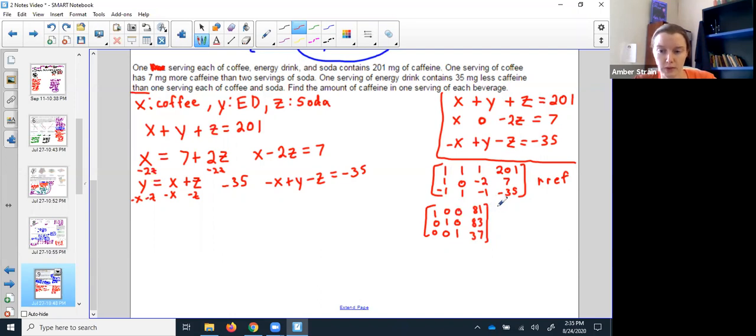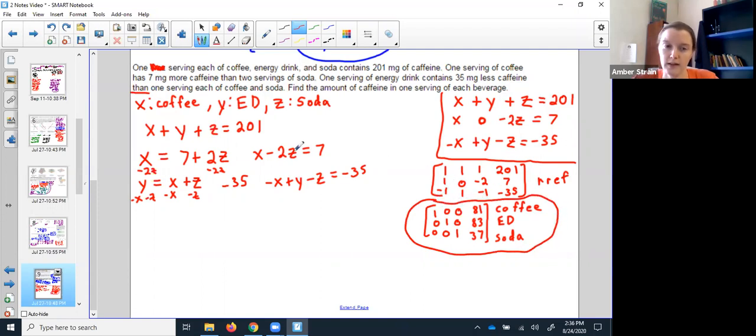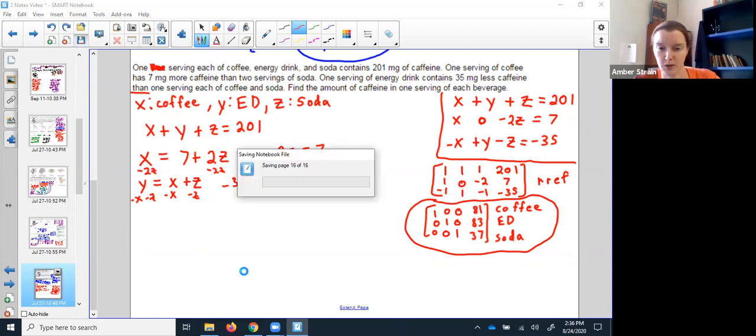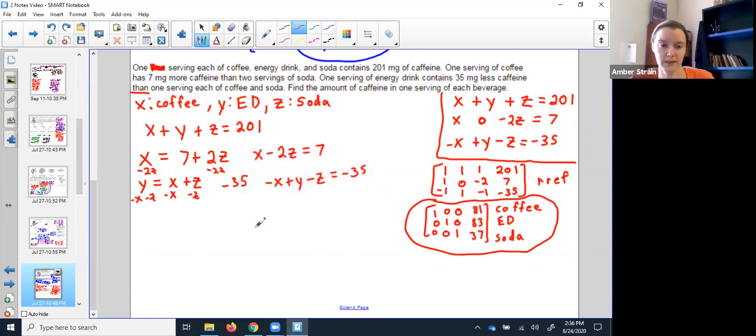This one was my X, which was the coffee. This one was the Y, which was the energy drink. And then this one was the soda. So I'm curious how true this is. I wouldn't have thought that coffee would be that close to the level of caffeine in an energy drink. So I wonder if they just use these numbers for a problem or if that's true.